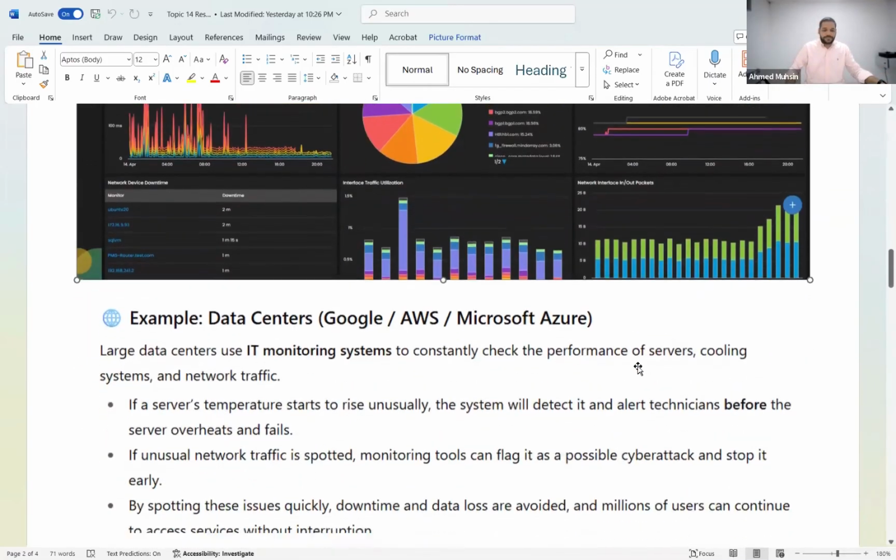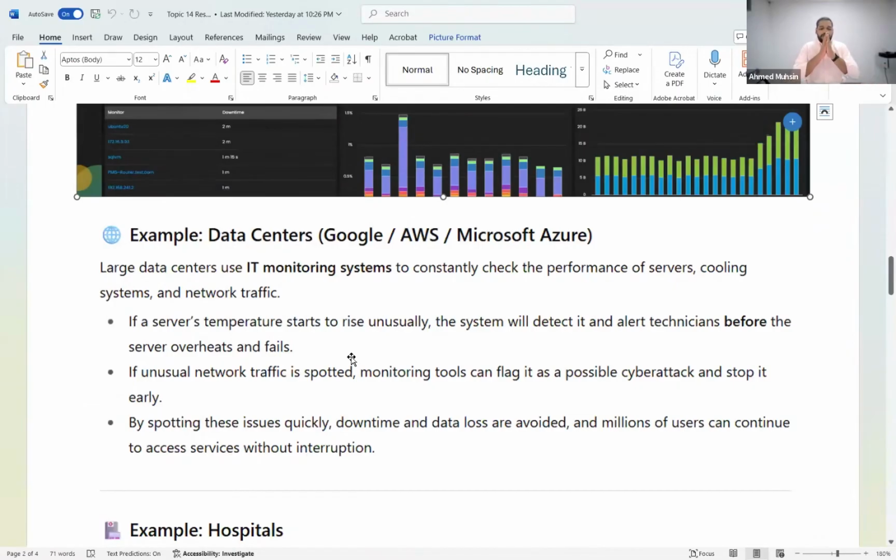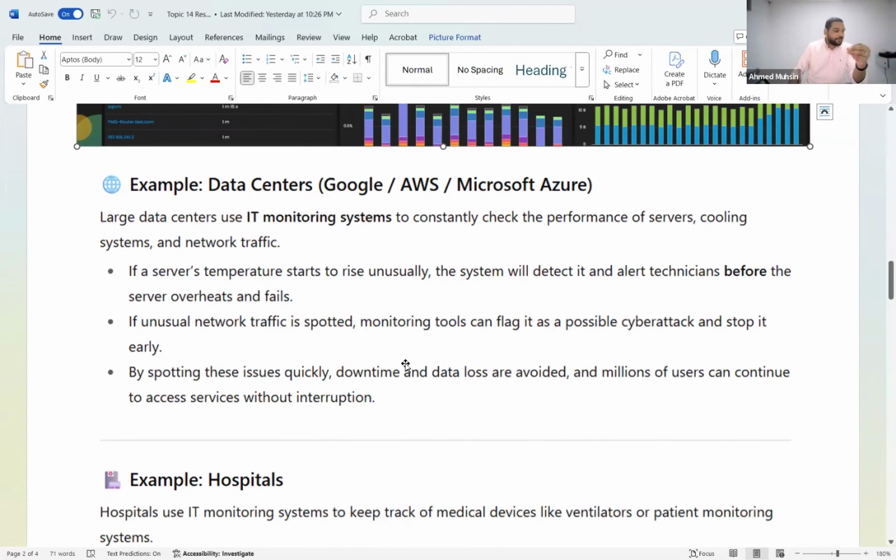Can you guys read this? Everybody read this? Large data centers use IT monitoring systems to constantly check the performance of their servers, the cooling situation, and the network traffic situation. If a server's temperature starts to rise unusually, if it's getting severely hot, the system will detect it and alert technicians before the server overheats.